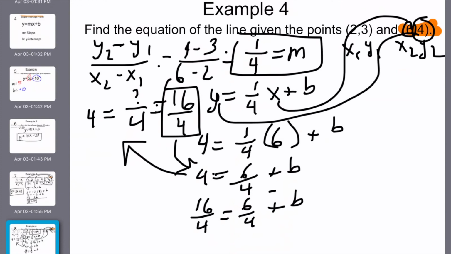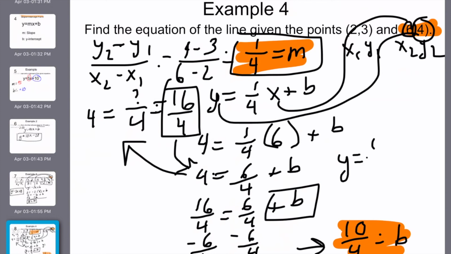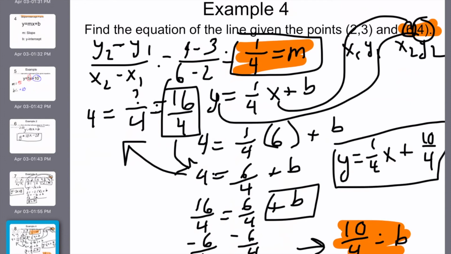Since I'm trying to solve for b, I need to subtract this 6/4 on both sides, and I ultimately get 10/4 equals b. So now I have my m and I have my b, so I need to write it in slope-intercept form. So I have y equals 1/4 x plus 10/4, and that is my final equation.